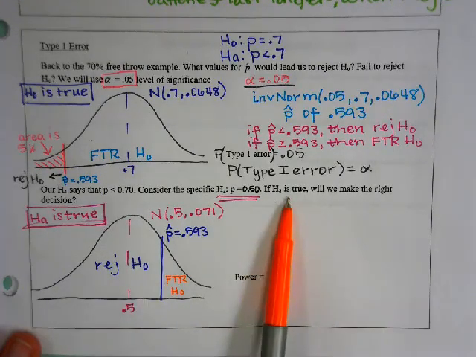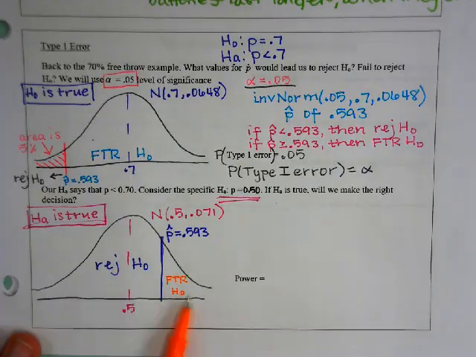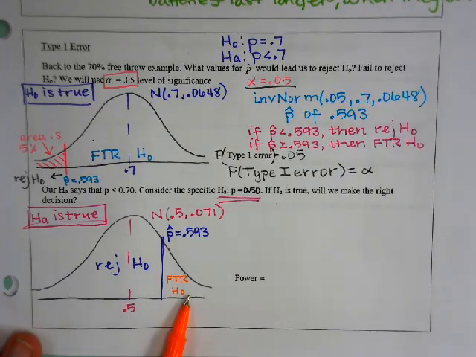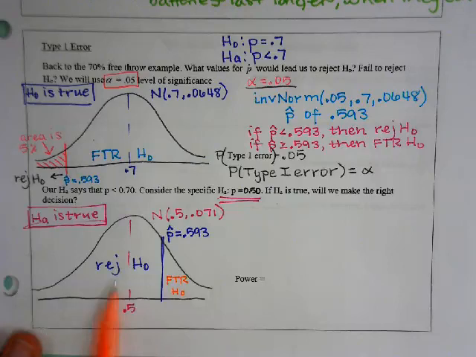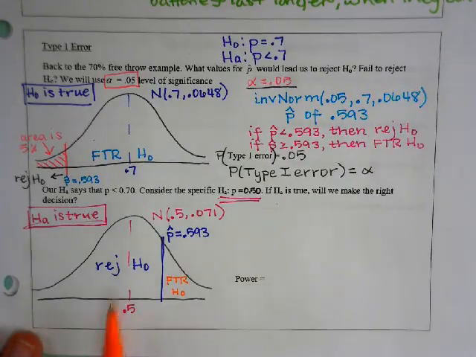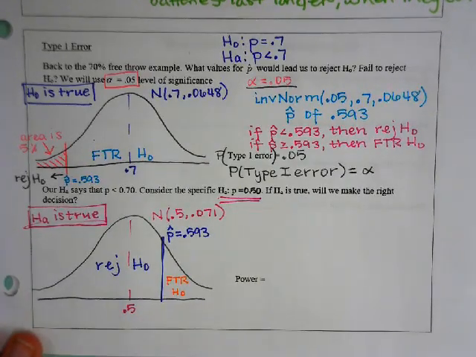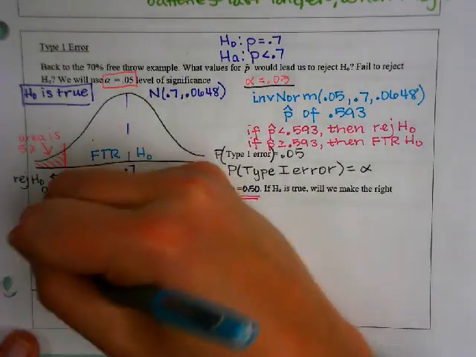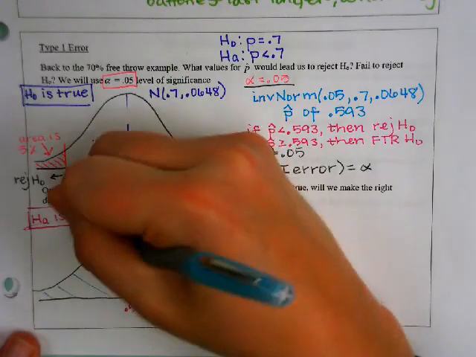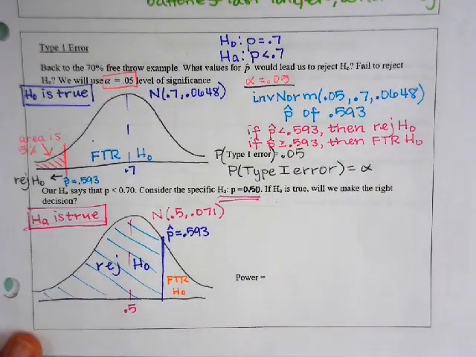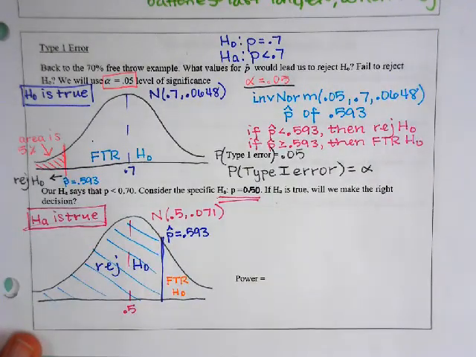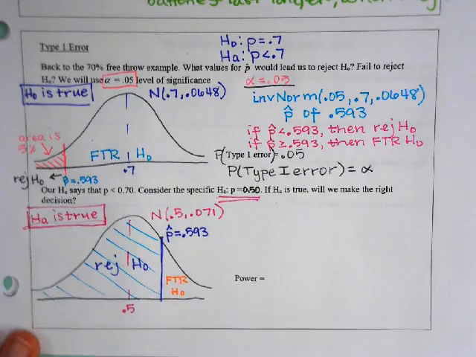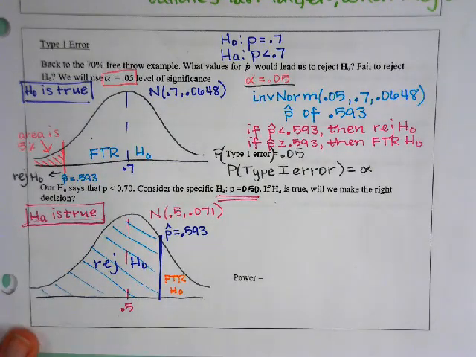So we want to find the area under this curve. And what calculator function is going to help me find that area? This time I don't know the area. I want to find the area, so what's that calculator function? Normal CDF.